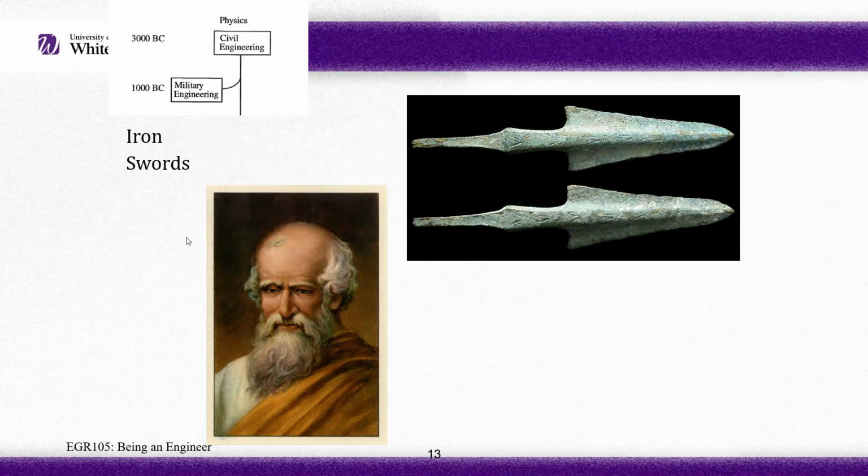But he was from Greece, and his name is Archimedes, and his big achievements were really in mathematics. So it's bringing mathematics now into the realm of engineering, right? It's still not a defined discipline yet, but we've got people that are acting as engineers and solving problems.